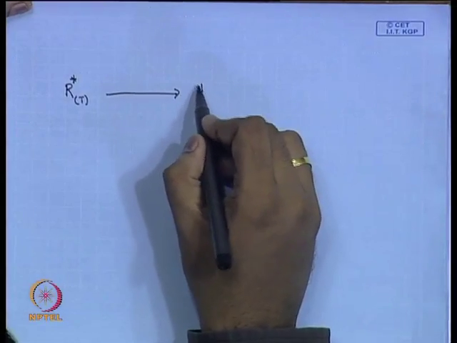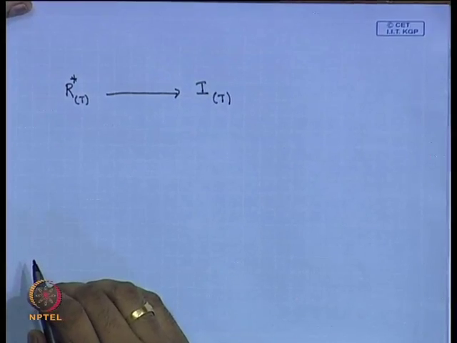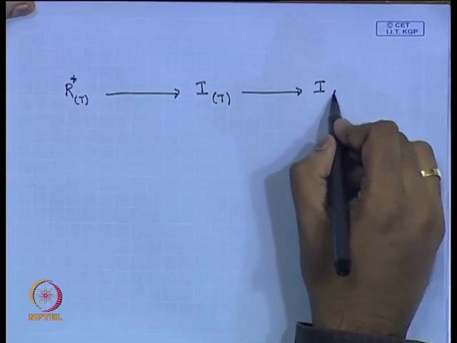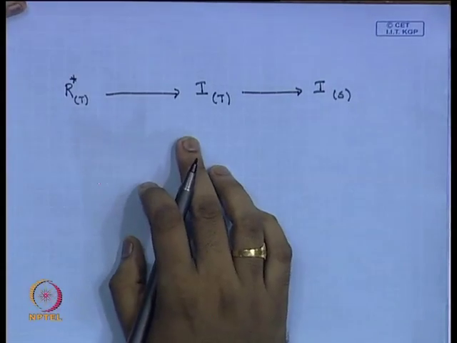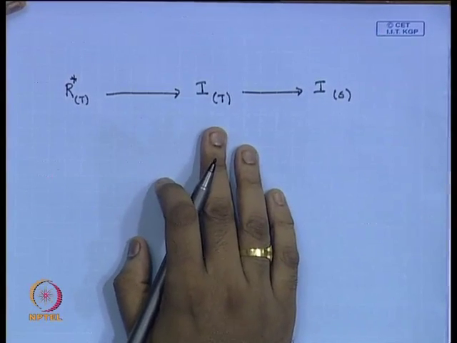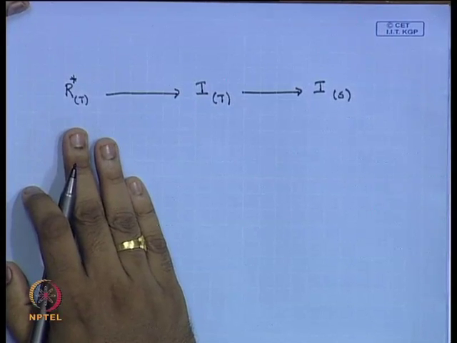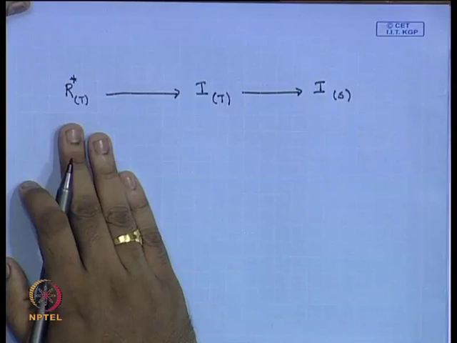What it does, first it forms a triplet intermediate, then your triplet intermediate changes itself to singlet. That is why I am saying the spin is most of the time the same as that of your excited state reactant. This is a very important thing, because your intermediate spin most of the time will be the spin of your excited state reactant. It does not have much time to flip around to give you a ground state species.